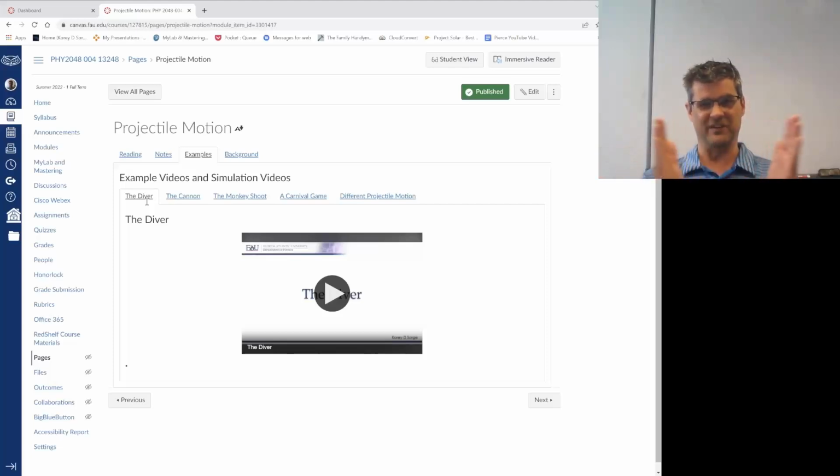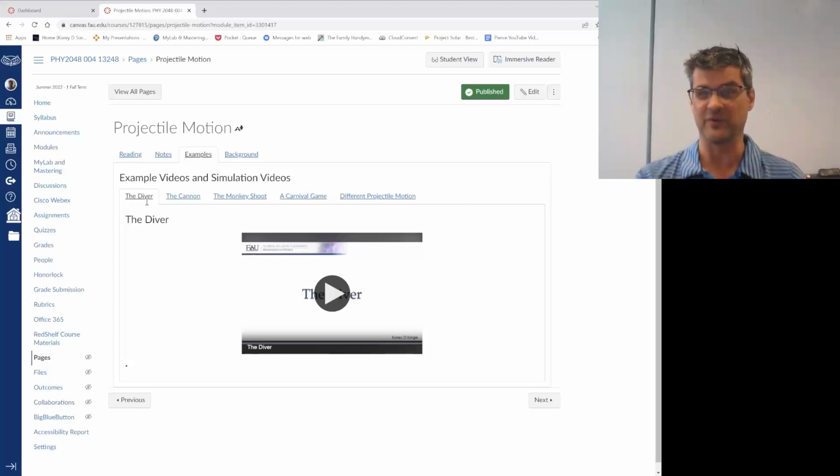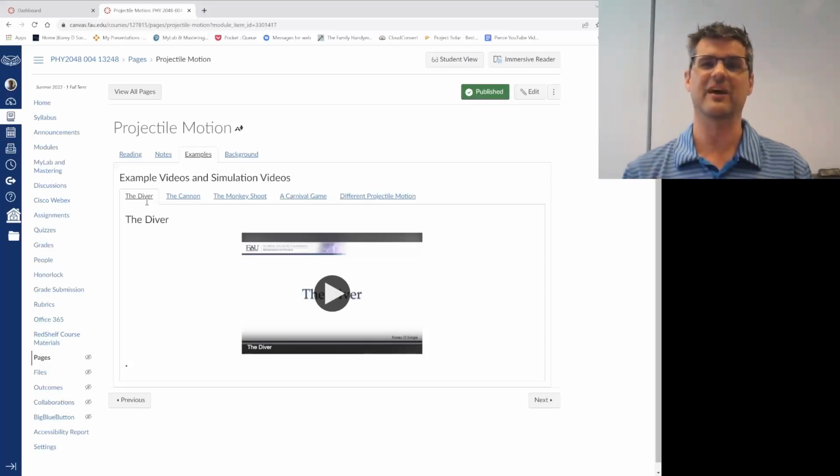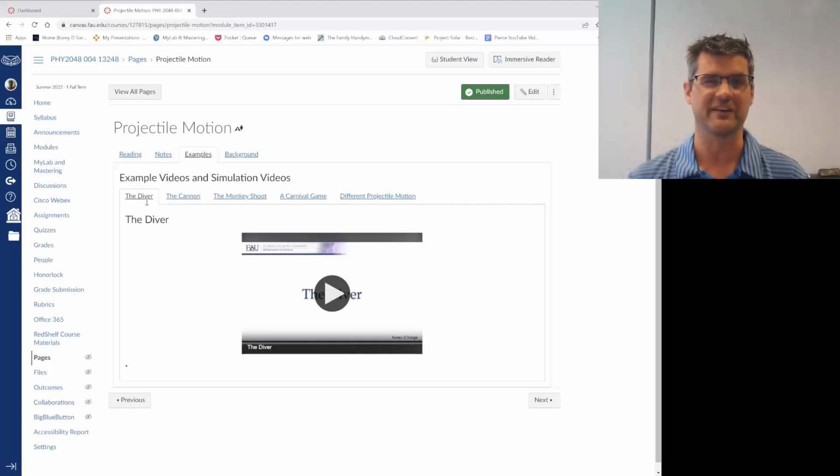We have something going on in the horizontal direction, the diver has to make it sufficiently far in the x direction or they won't hit the water. So how long is the diver going to be in the air? And knowing how long the diver is going to be in the air, does that tell me how fast the diver needs to be moving so that they make the water? This is a classic projectile motion problem, and so I encourage you to look at this diver problem.